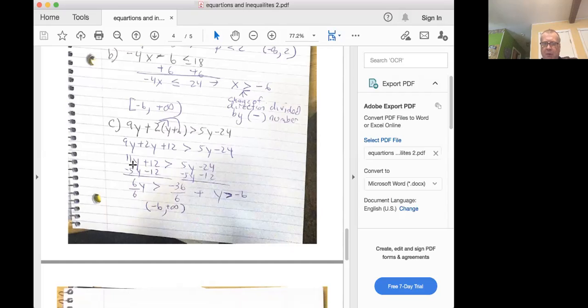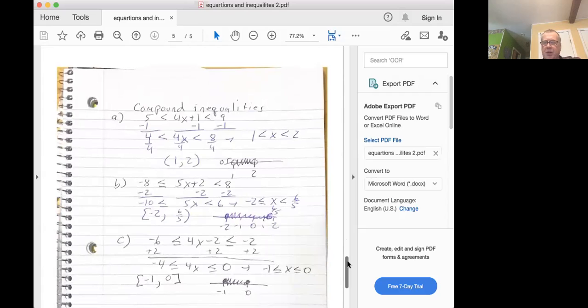Move the 5y over with the addition rule. Move the 12 over with the subtraction rule. And that gives us 6y is greater than minus 36. Divide by 6. 6 is a positive number, so nothing changes. We get y is greater than minus 6. So that means open at minus 6, open at infinity.